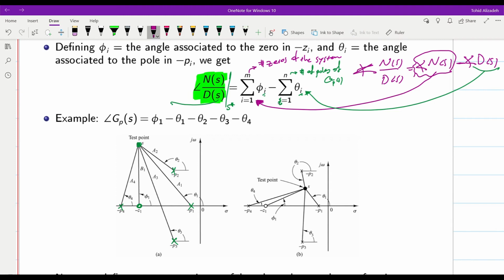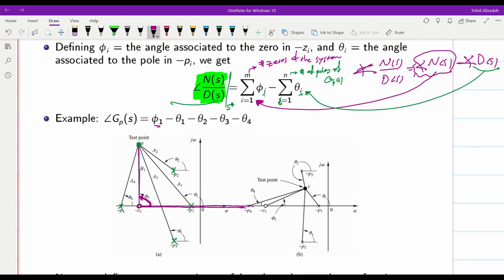Over here we have a single zero, which is denoted as Z1. So we just need to connect it to this test point, and then draw a horizontal line from that zero towards plus infinity, and over there we will get the phi value. So phi 1 is obtained over here.